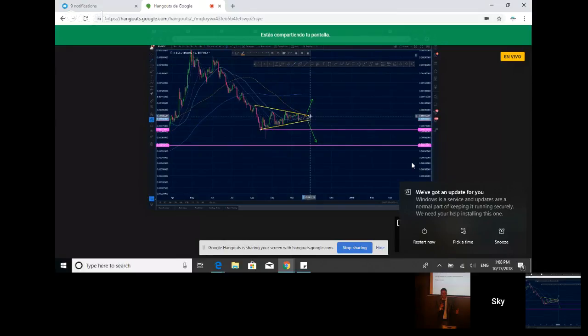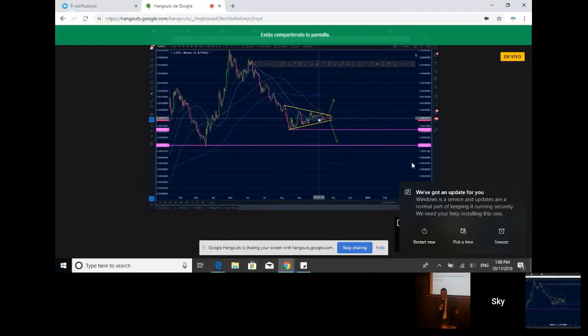It could last maybe until the end of October or the start of November. After that, the price will choose the direction and we will trade it on breakout.